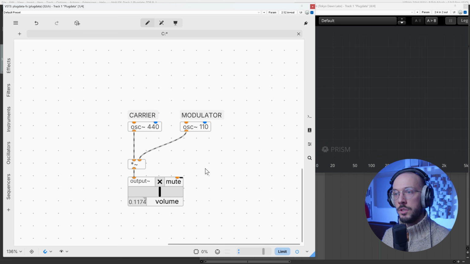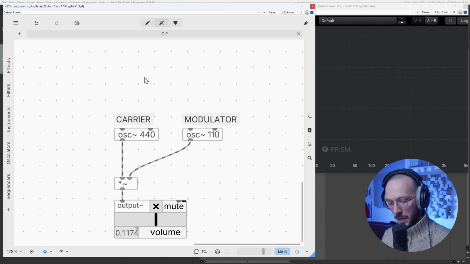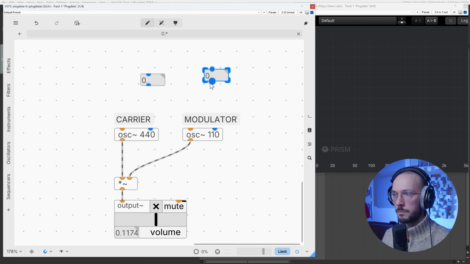We can fine-tune this modulation synthesis by ear, and we can do so by taking a look at what are good sounding ratios, non-integer ratios, because we already know that integer ratios are good sounding ones. So I can use two float boxes.